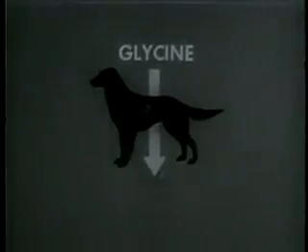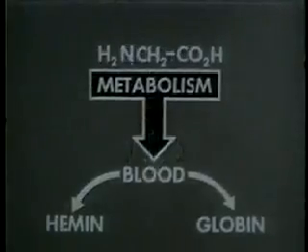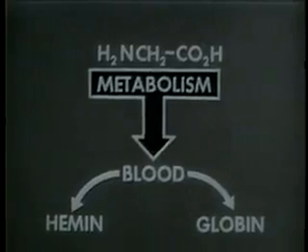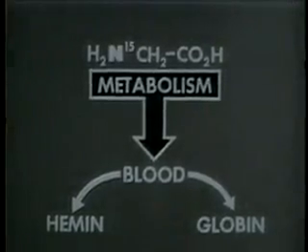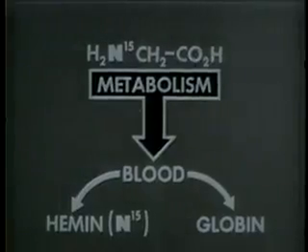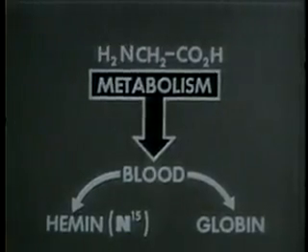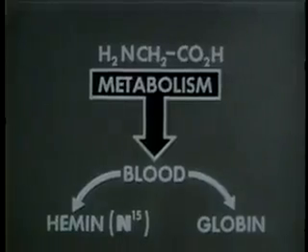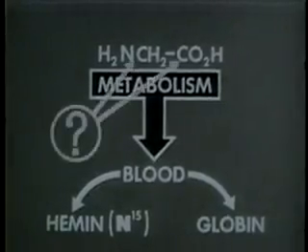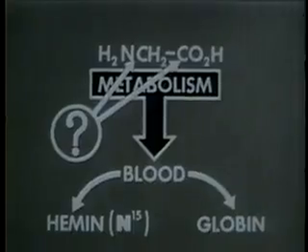In biochemical studies with animal subjects, it has been determined, using the stable isotope nitrogen-15 as a tracer, that the nitrogen in glycine appears in the hemin. Hemin with globin is one of the fundamental constituents of blood. But what is the fate of the two carbon atoms of glycine?